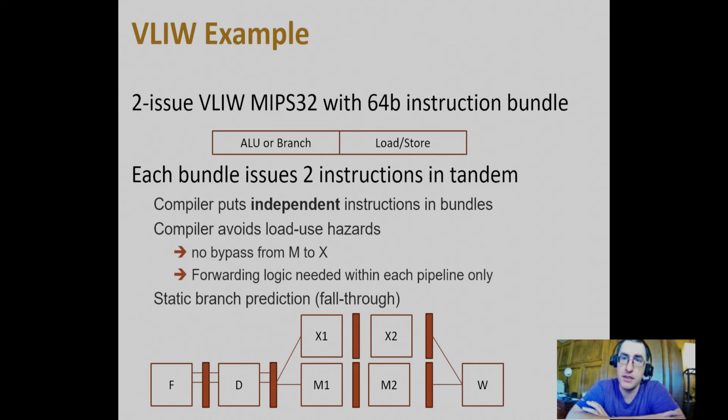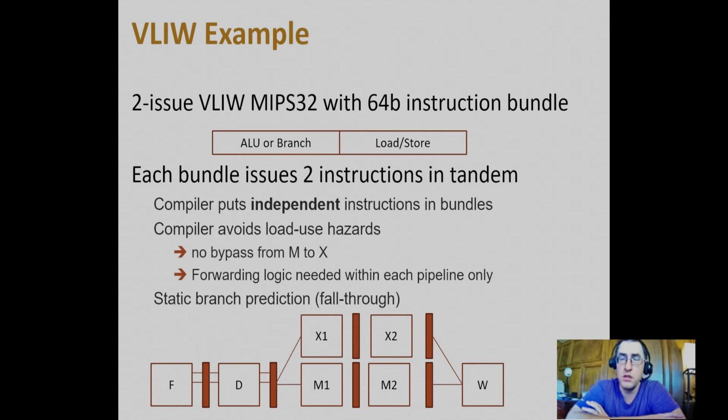And the first 4 bytes at that address will be an ALU or branch instruction, and the second 4 bytes will be a load or store instruction. If the compiler can't schedule both of those types for some reason, it will have to insert a no-op into the unused slot.